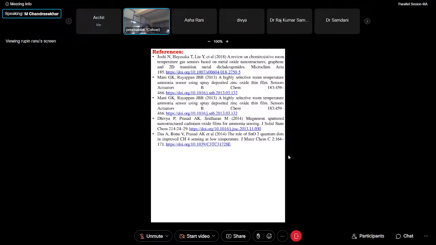See, why have you chosen only the hydrothermal growth method when so many other methods are there? Why are you giving preference to this? Are you getting my question, Rupin?